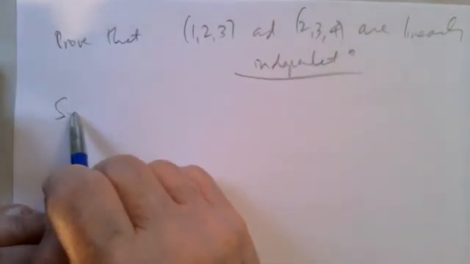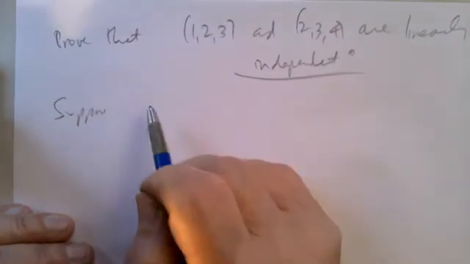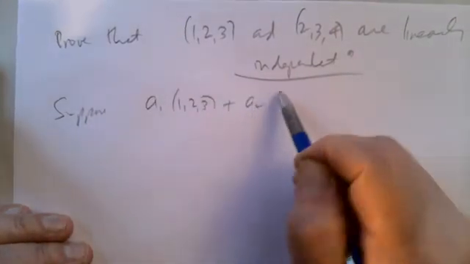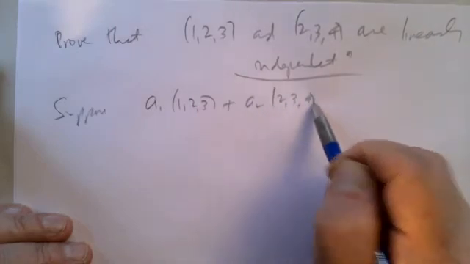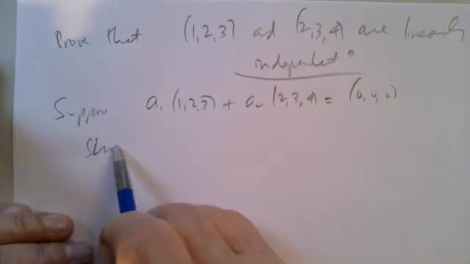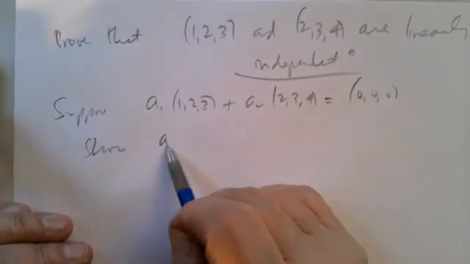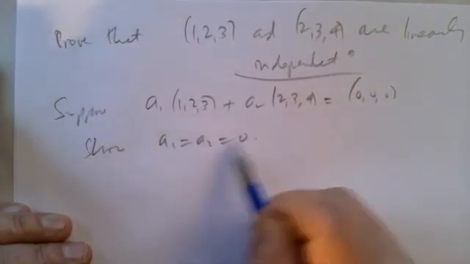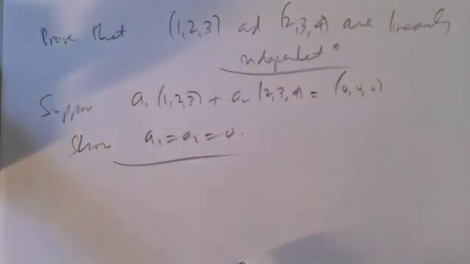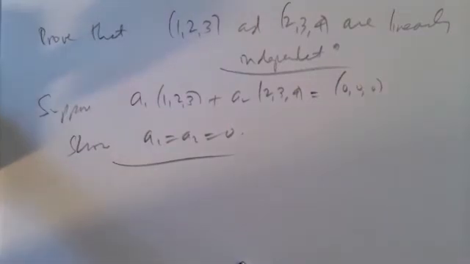You have to say, suppose a1 times (1, 2, 3) plus a2 times (2, 3, 4) is the zero vector. Show the only way this can happen is if a1 equals a2 equals 0. So spend a minute trying to prove that.